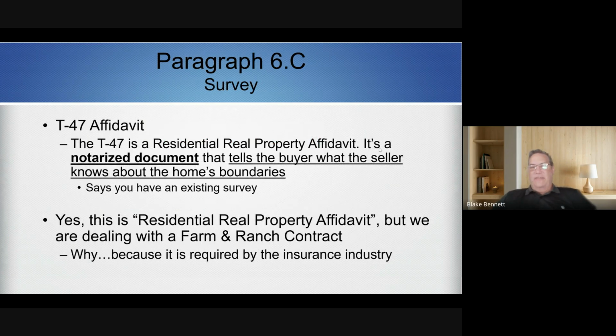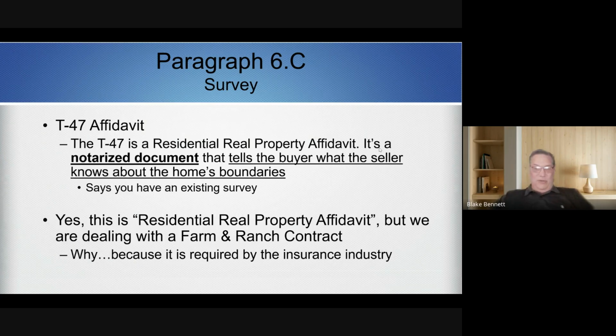Again, that T47 addendum is a residential real property affidavit. I understand that. It's a notarized document that tells the buyer and seller, hey, we know the boundaries, and here they are. It says you have the existing survey. We could use that residential affidavit for a larger farm, because we have the survey on a larger tract of land.